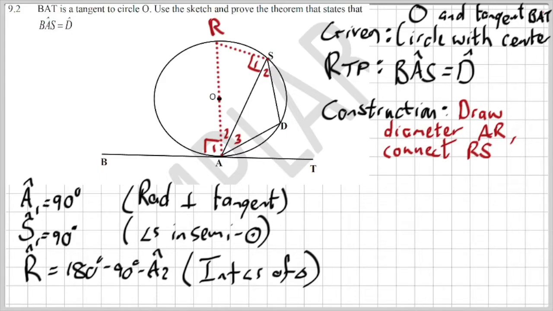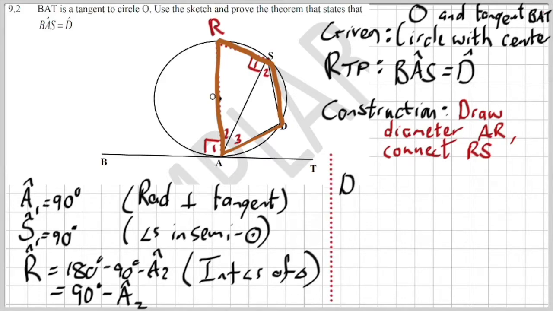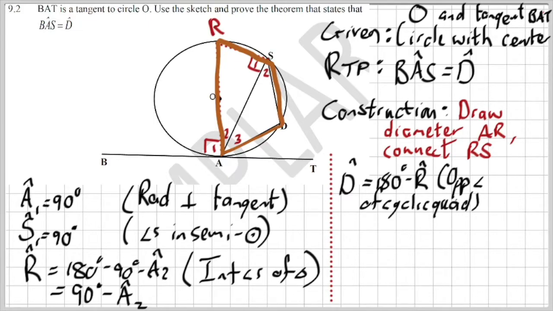I'm looking at the interior angles of the triangle, and therefore angle R is 90 degrees minus angle A2. Now, what does angle R have to do with D? If you look carefully, angle D is in a cyclic quadrilateral. So angle D is equal to 180 degrees minus angle R, because the opposite angles of a cyclic quad are supplementary.